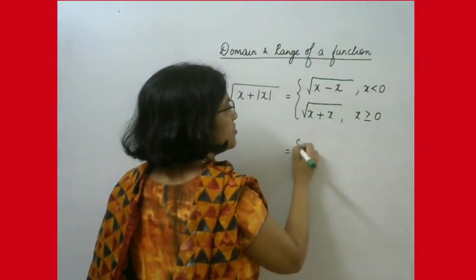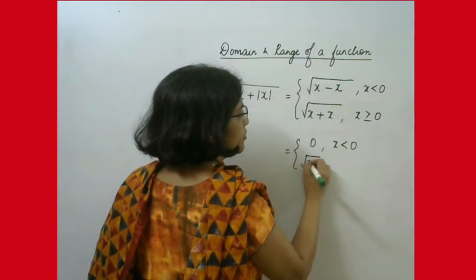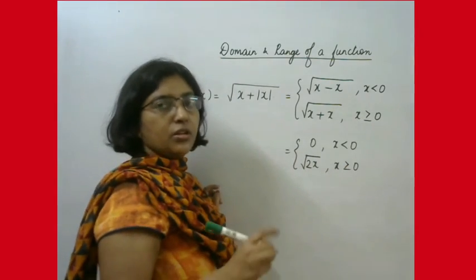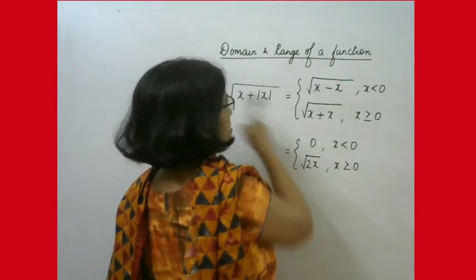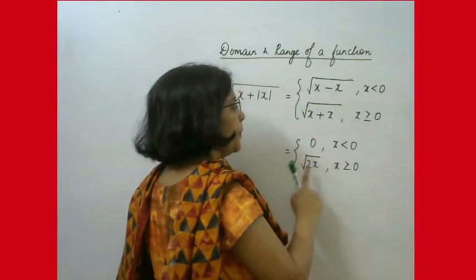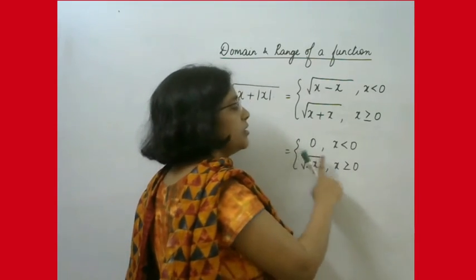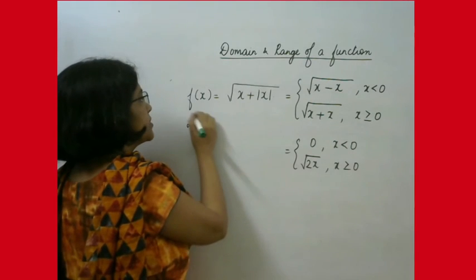So this is root of 0 for x less than 0 and root of 2x for x greater than or equal to 0. Look for which values it is defined. This is fine, f(x) is equal to 0 for x less than 0. And over here, since we are taking non-negative x values, under root is defined, and so the domain is all real numbers.